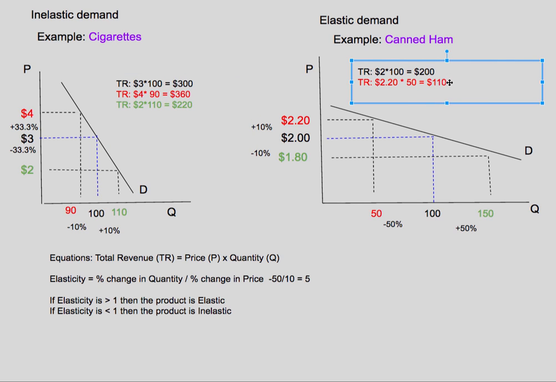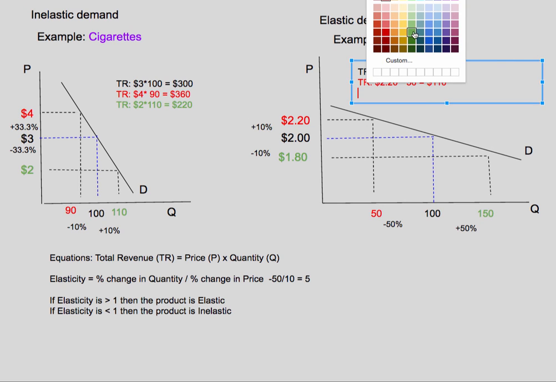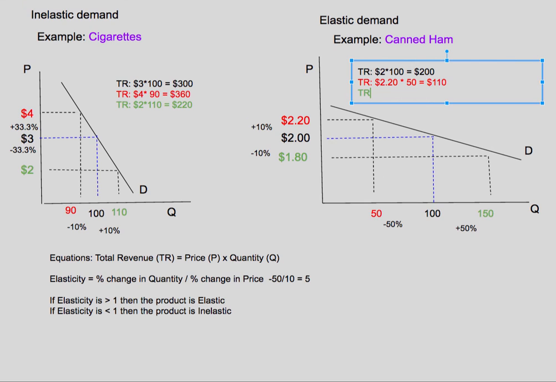In this case over here, total revenue is $1.80 times 150, which equals $270.